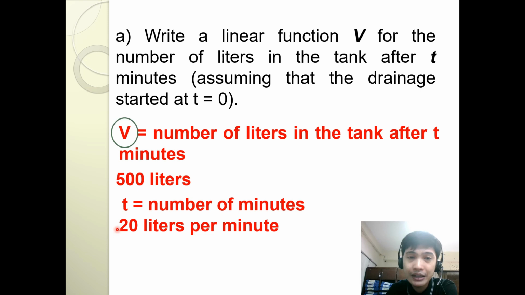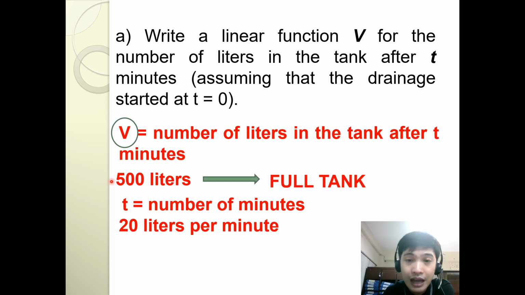Ngayon, balikan natin. Si V ay tumutukoy sa kung ilan yung natira, yung remaining amount doon sa tank after siya i-drain in a particular given time. Yung 500 liters, ito po ay tumutukoy sa total na laman ng tangke nung hindi pa siya dinidrain, nung siya ay full tank pa.